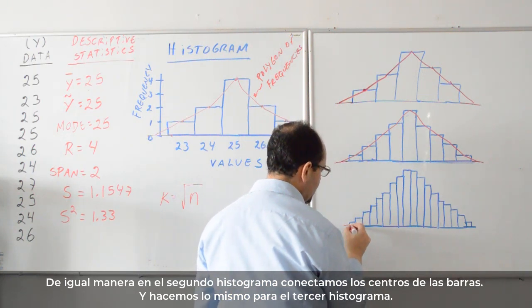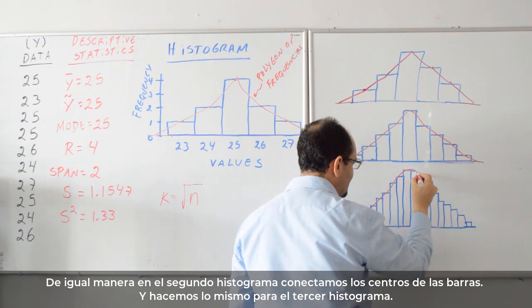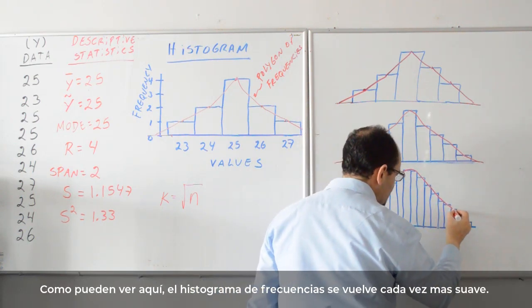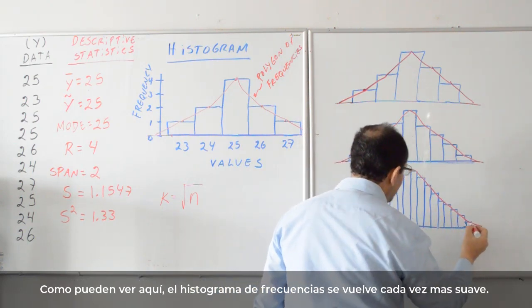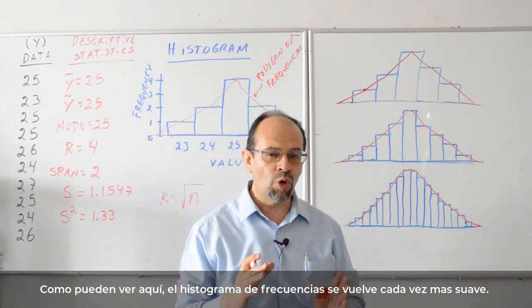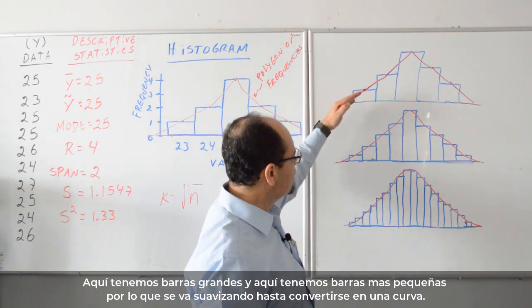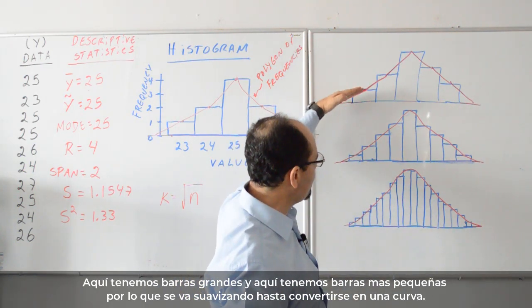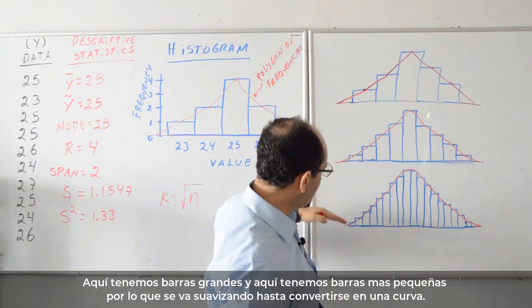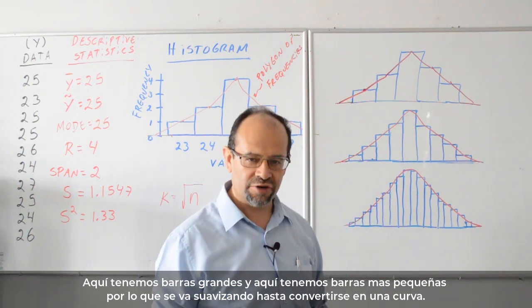And here, what will happen to the histogram of frequencies when we are connecting the values? Well, as you can see here, the histogram of frequencies is getting more and more smooth. It's smoother and smoother here. Here we're having big bars, and here we are having small bars, so it becomes a curve.